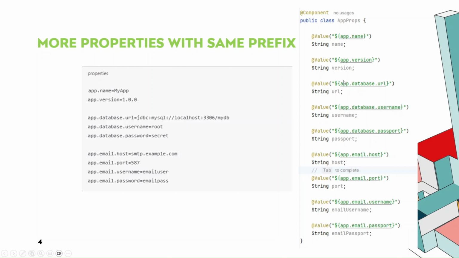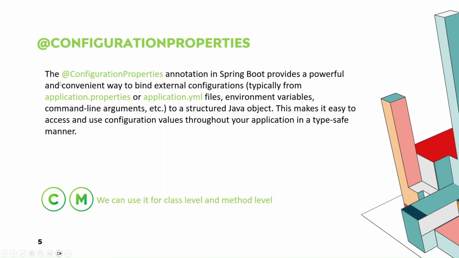I don't write the prefixes all the time. If you look at the ConfigurationProperties annotation, it is an annotation from Spring Boot that provides a powerful and convenient way to bind external configuration. Basically, through this approach, we can still load properties and get the values.